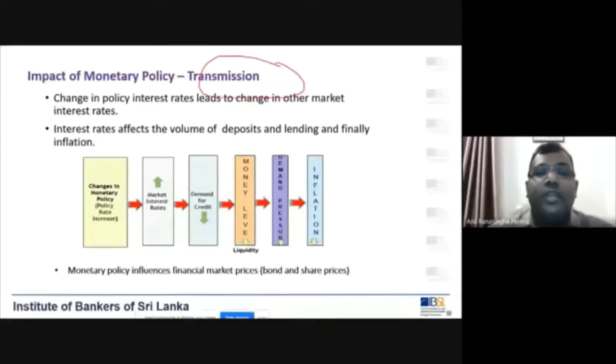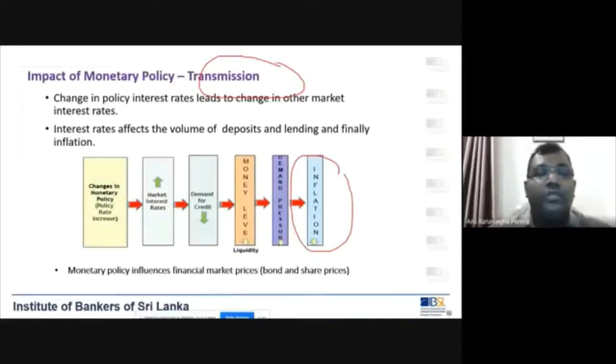Changes in policy rates lead to changes in the other market rates. That is what we call transmission. So the transmission is affecting the various decisions of the financial sector players and ultimately inflation. Remember, this is our ultimate objective.